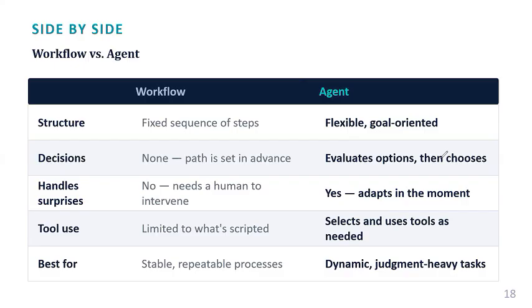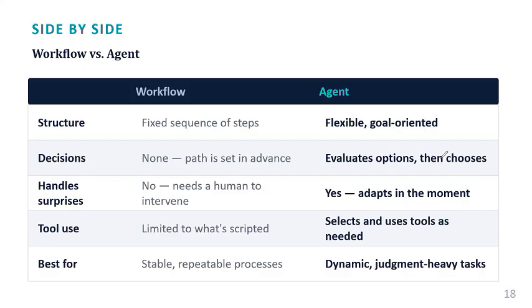Workflows cannot handle surprises. It's a straitjacket. Agents are built to adapt in the moment. Workflows are limited to the kind of tools they use, limited to whatever they were asked to use. So the tools they use are limited to the script that put them to play.